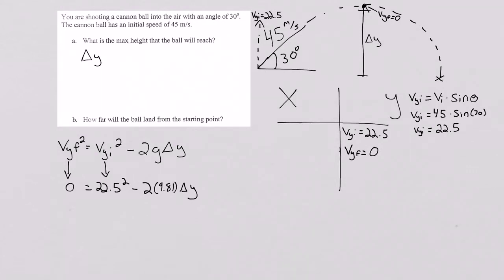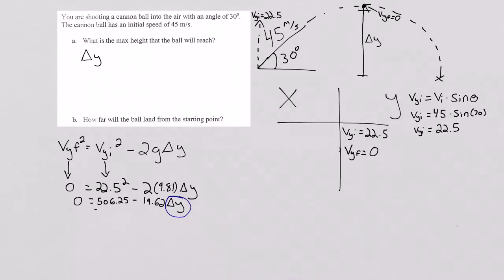Thanks to that negative in front of the 2, we do not need to put negative 9.81. So 22.5 squared is 506.25, minus 19.62 all multiplied by delta y. And we are solving for this delta y over here, if you did not know. Let's make sure we write everything out.